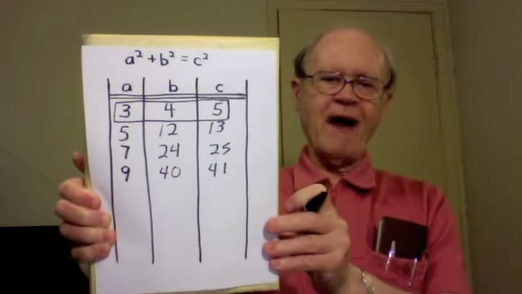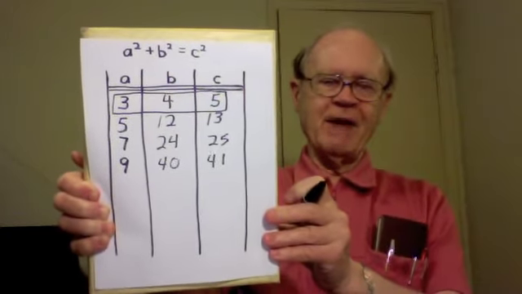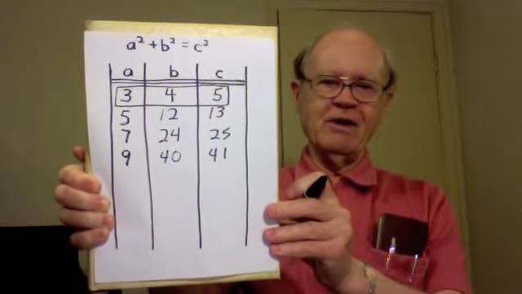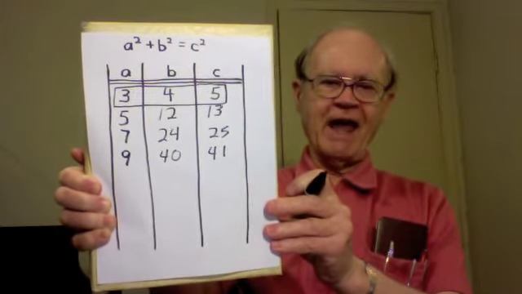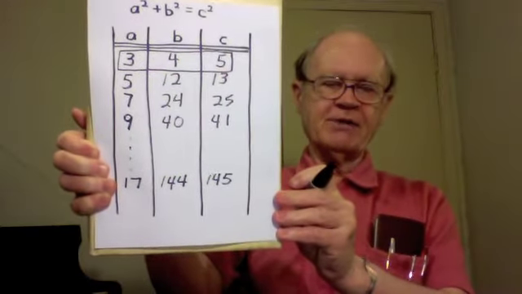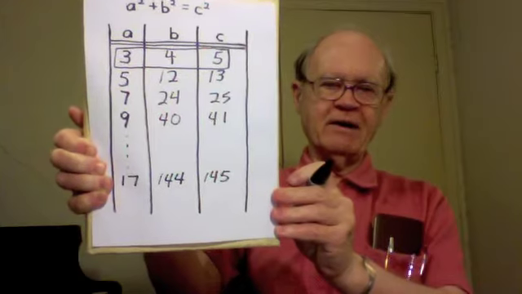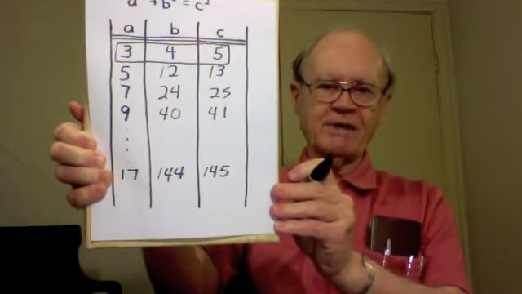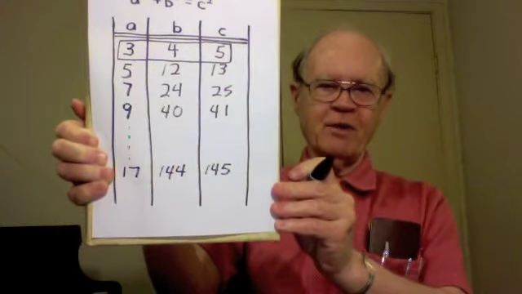Well, the 3, 4, 5 triangle is the basis for the first of the two challenges. For the second one, we have to take a to be 17. 17 squared is 289. Divide that by 2, you get 144 and a half. So our b is 144, c is 145.